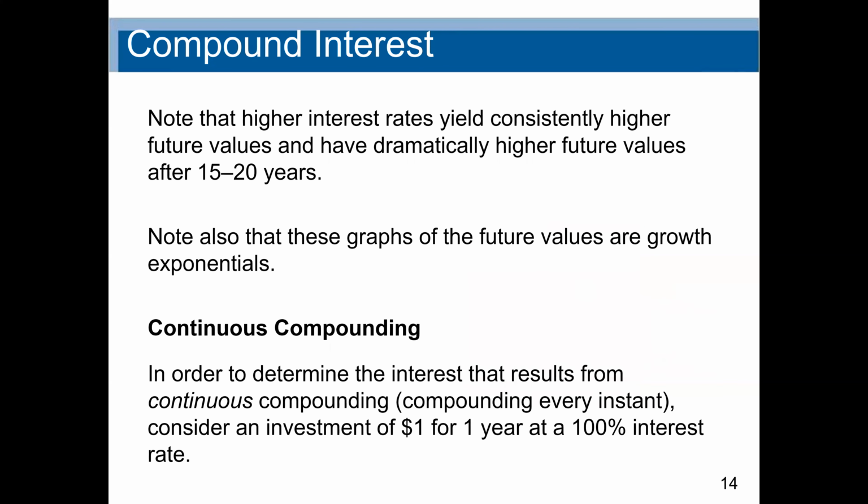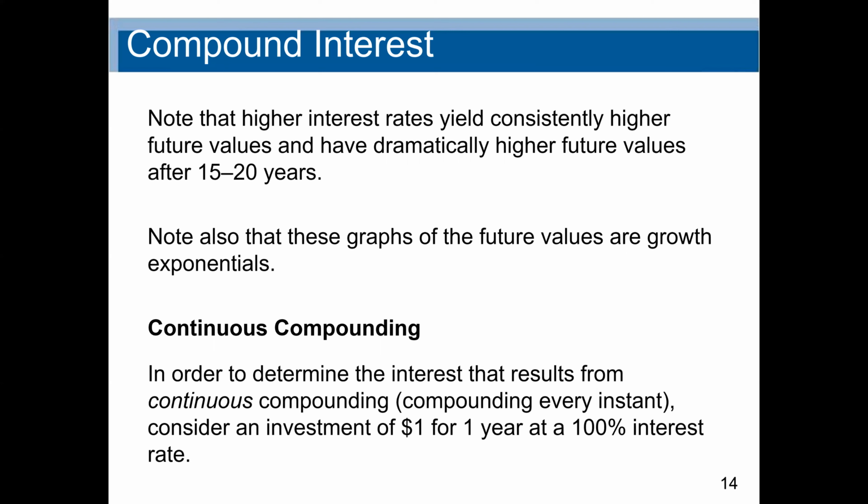Also, we should know that a higher interest rate will yield consistently higher future values, and dramatically higher future values after 15 to 20 years. We should also note that these graphs of future values are called growth exponentials.